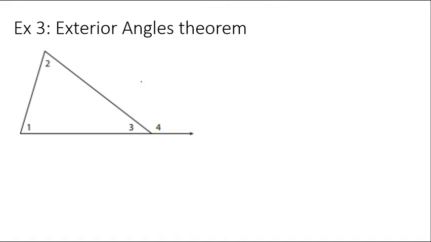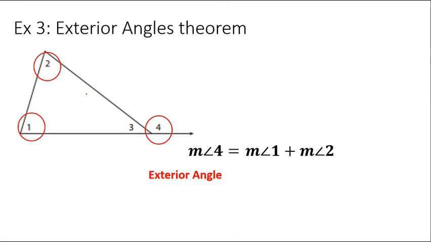So let's go into the exterior angle theorem. So we're still dealing with the same shape right here. What we have is that angle, which is the exterior angle, is equal to angle 1 and angle 2. So the sum of the 2 remote interior angles.